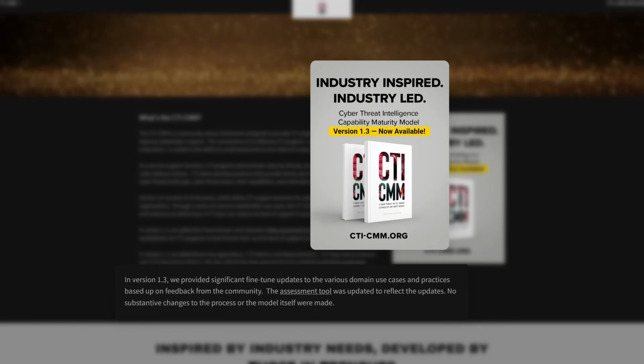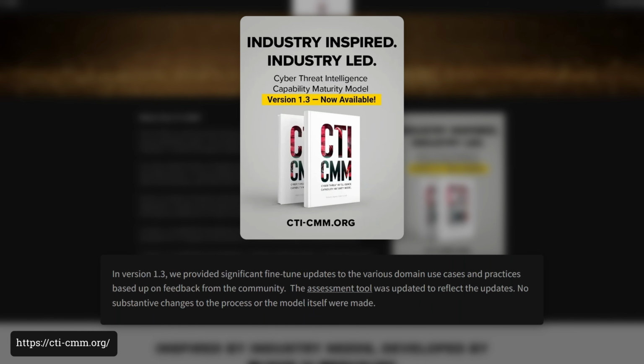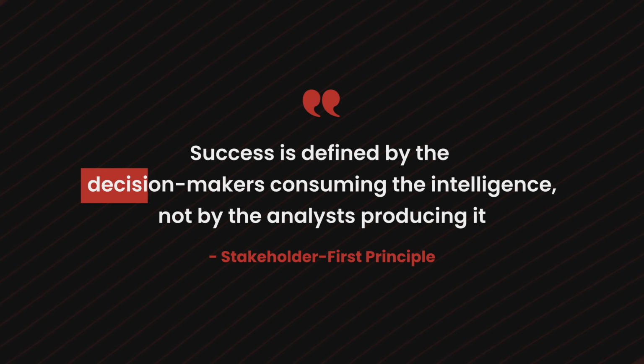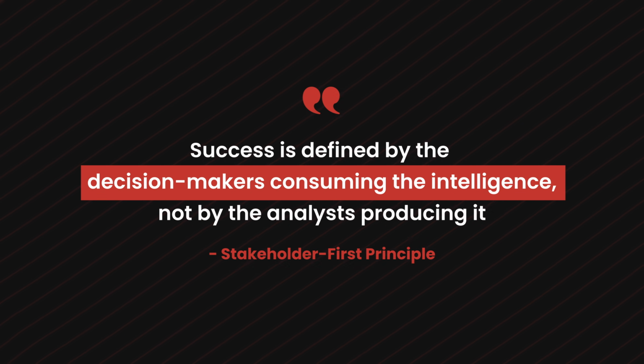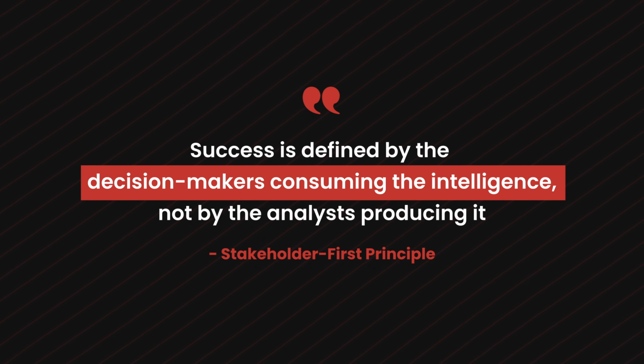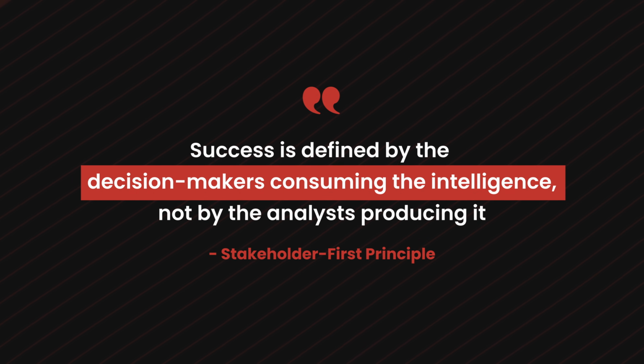The current version is 1.3, and it defines all of that into 11 domains and one defining philosophical shift. Success is defined by the decision makers consuming the intelligence, not by the analysts producing it. This is the stakeholder first principle, and it changes everything about how you score, build, and defend a CTI program.